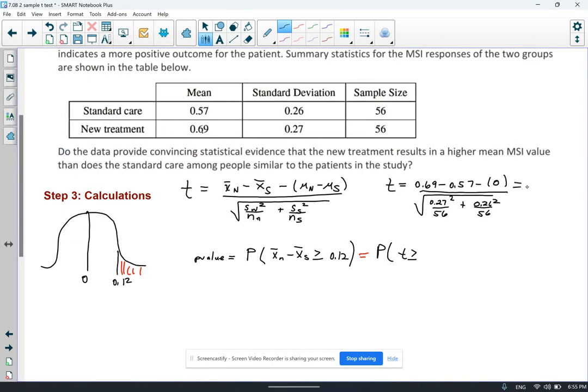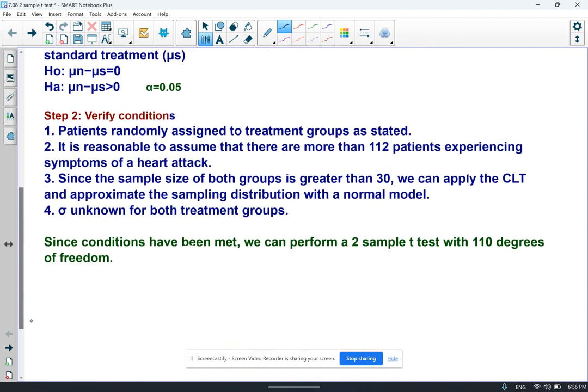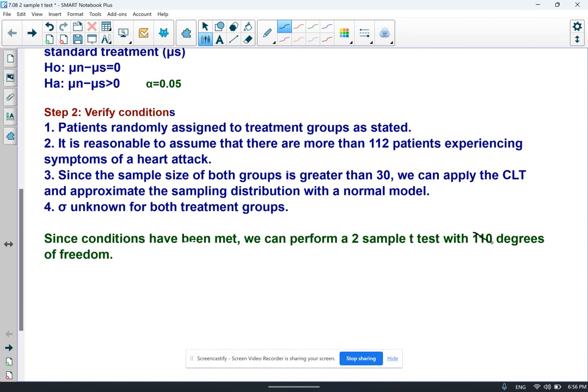So again, my t-statistic was 2.3957. Let me just go back a page. Our degrees of freedom was 109, because you really need to fill that in. Or I rounded up, but I probably would round down.